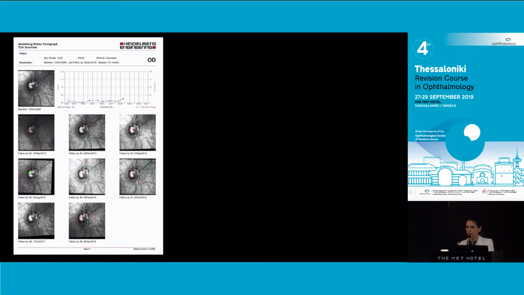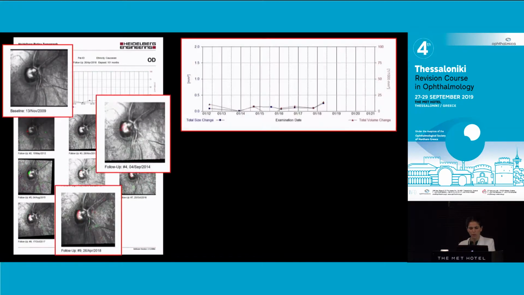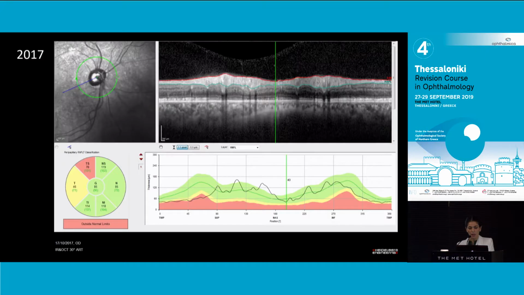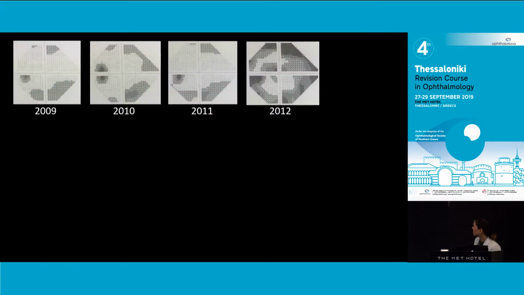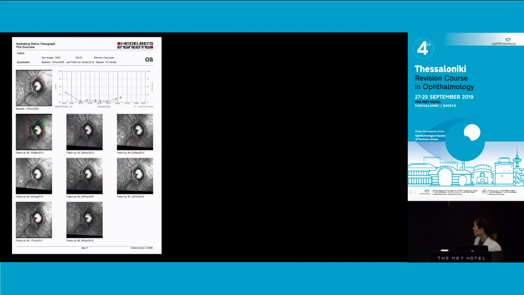And this lady did not undergo surgery. She stayed on treatment. And this was her OCT. So the field was consistent with the OCT and she does have a superior NFL defect. But she was stable, and that was also confirmed with the fields at the time.